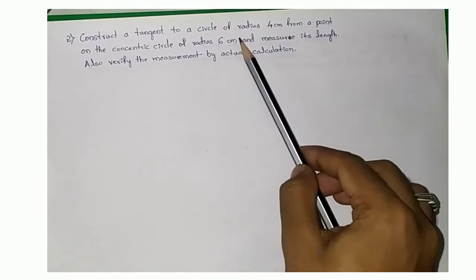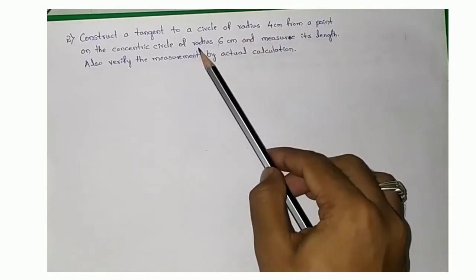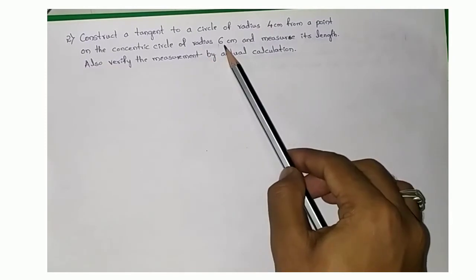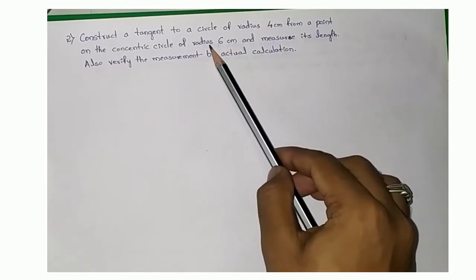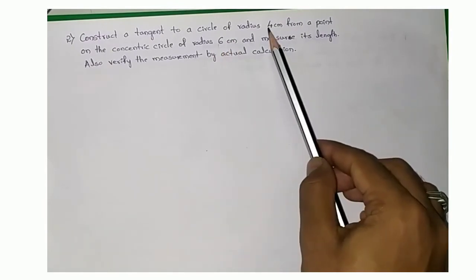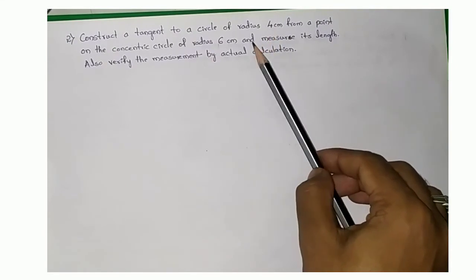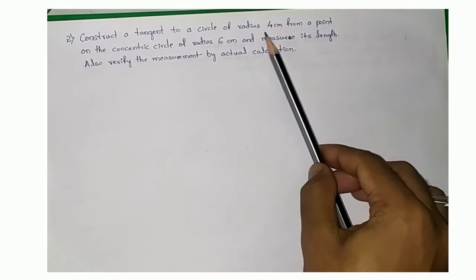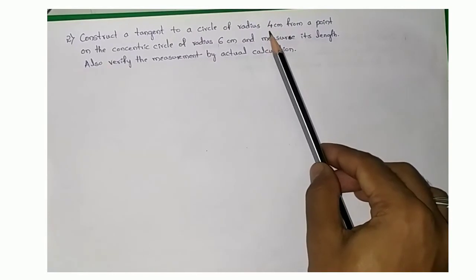With the same center we have to draw another circle with radius 6 cm. So from a point on the second circle we have to draw the tangent to the inner circle, that is the 4 cm radius circle. So for this, first we should draw the 4 cm radius circle.